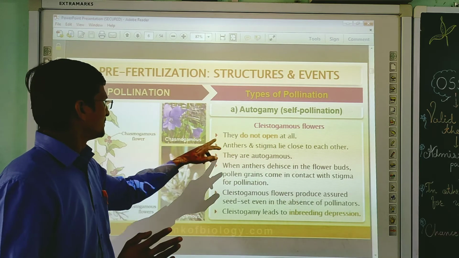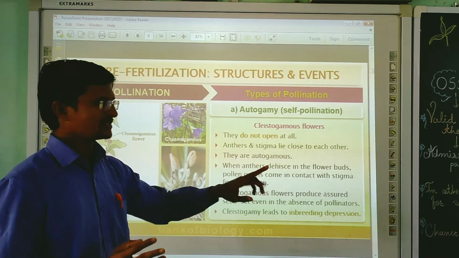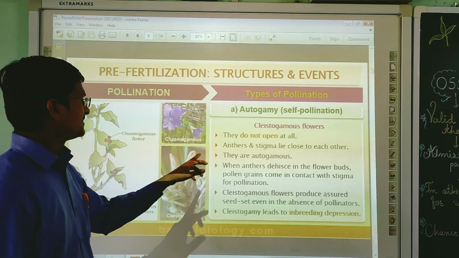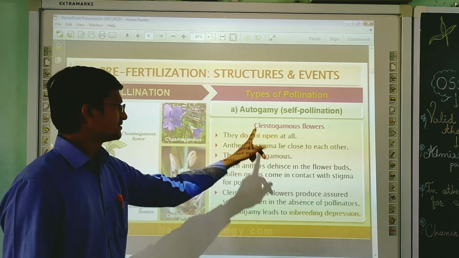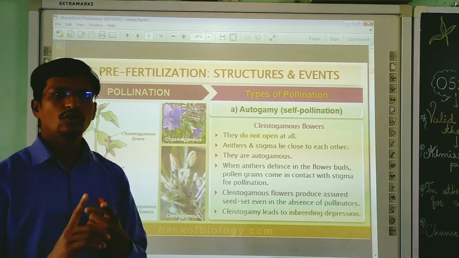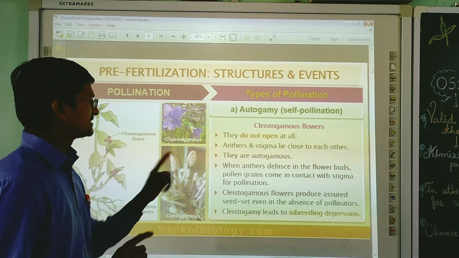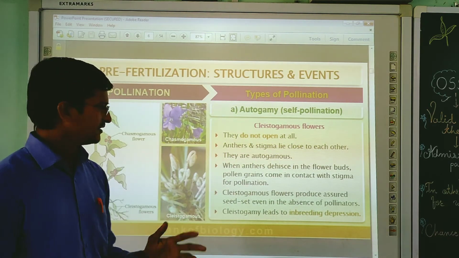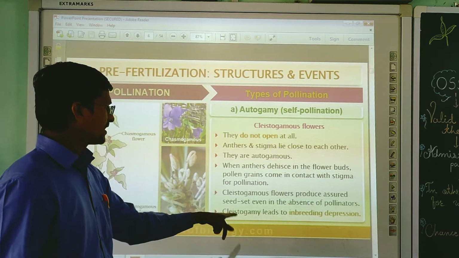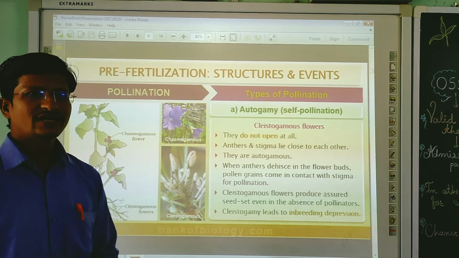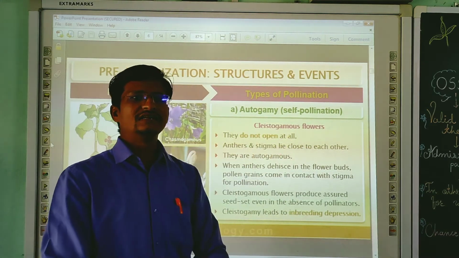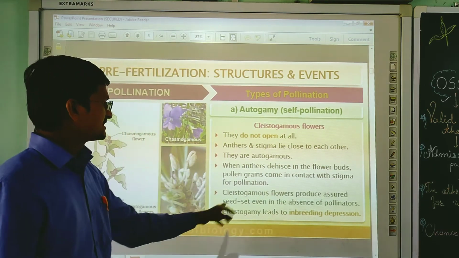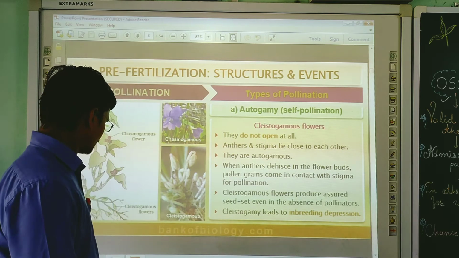If it is not open, it is cleistogamous. Cleistogamous flowers are autogamous, and the anthers and stigma lie very close to each other. Cleistogamy leads to inbreeding depression, because the process occurs inside, as the flower is totally closed.